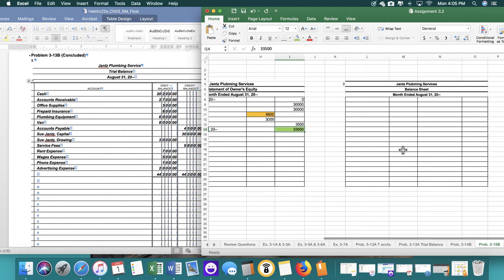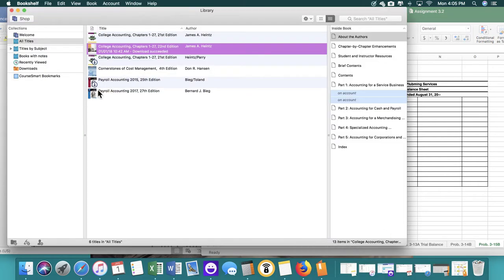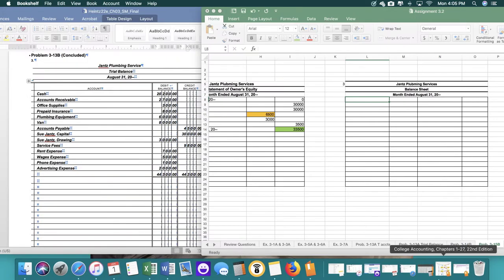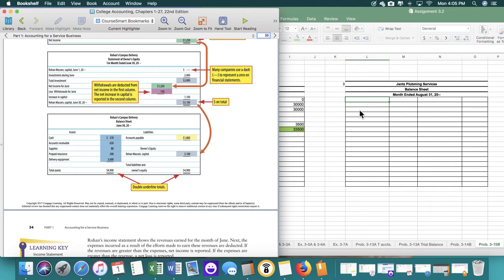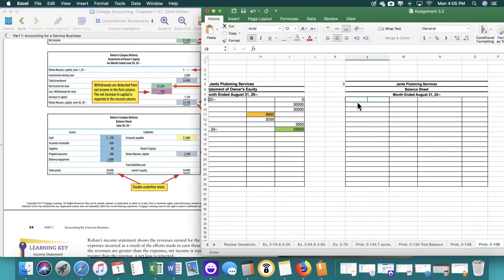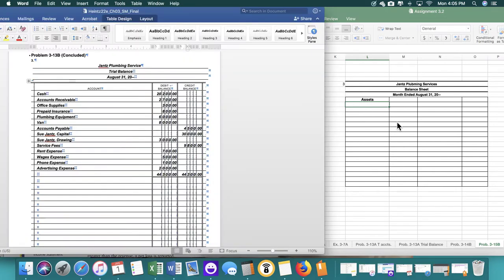And then we're going to need this amount on the balance sheet. So if we go back to our textbook, there we go. So the balance sheet, we have our assets on one side. And so here's where we're going to list the assets we have.